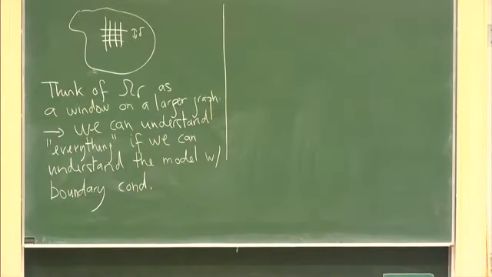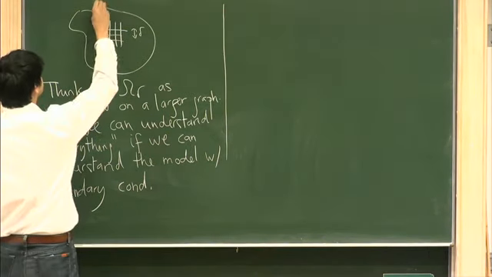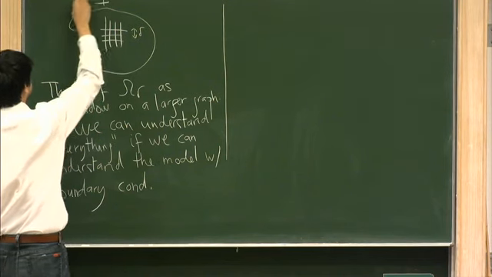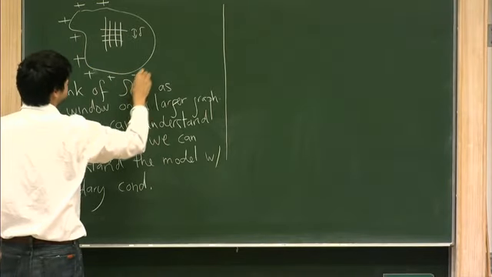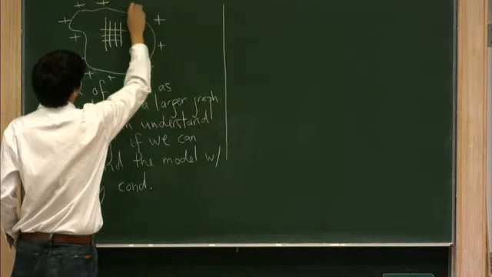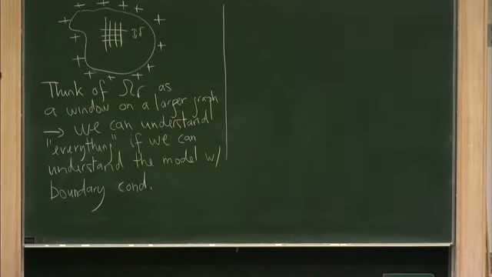Okay. So what kind of boundary conditions? Well, for this introduction, I'll just take plus boundary condition. It just means that I force all the spins outside of my graph, or on the boundary of my graph, that's the same, to be plus 1.